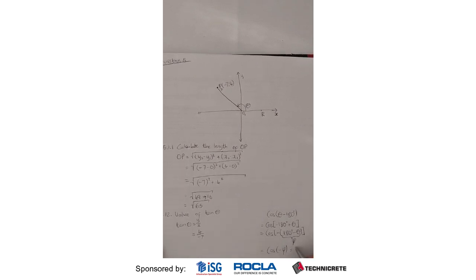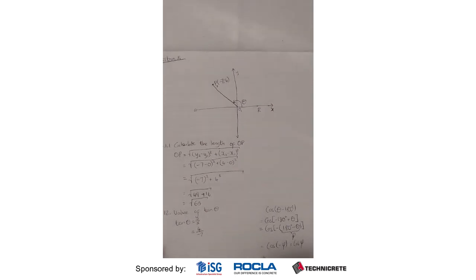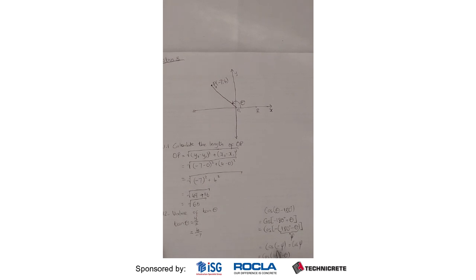It just simply becomes cos of alpha. Therefore, that just becomes 180 minus theta. The reason is that cos of a negative angle is the same as cos of that angle, because cos is symmetric.